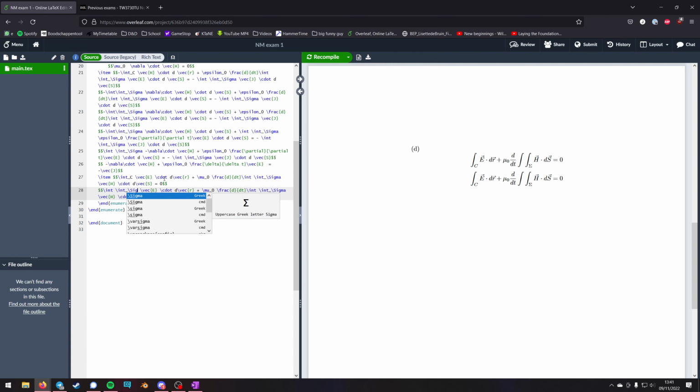It goes over sigma then, and it becomes a vec R, and there's also a nabla C dot involved. Wait. It's not V, it's S because, yeah, okay, that makes sense, because we're not talking about volumes.